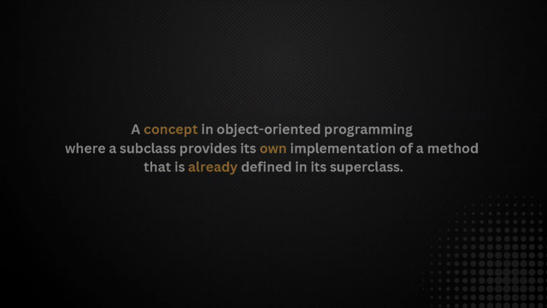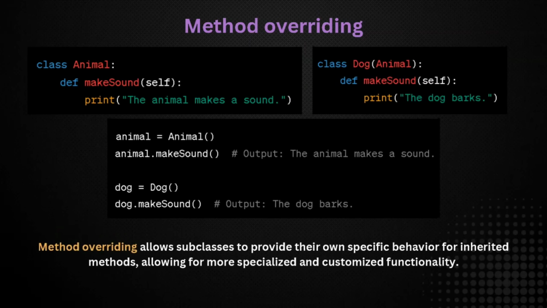Let's see an example. Here you can see that we have a class Animal, and this class has been inherited by a class Dog. Both of these classes have the same method make sound. When I'm creating an object of the Animal class and calling the method make sound, I'm getting the output of the class Animal, that is, the animal makes a sound.